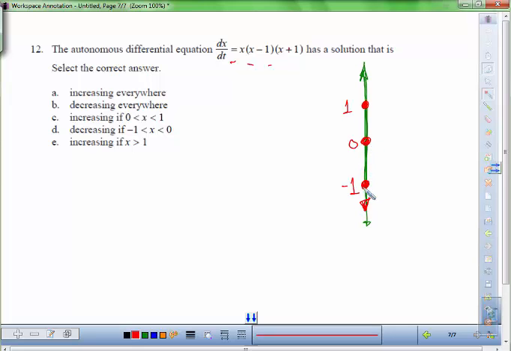Now if we put a number between negative 1 and 0, it's still going to be a negative, but negative 1 minus 1, so that's still going to be negative, right? So this is negative, and then now this should be positive because 1 is bigger.